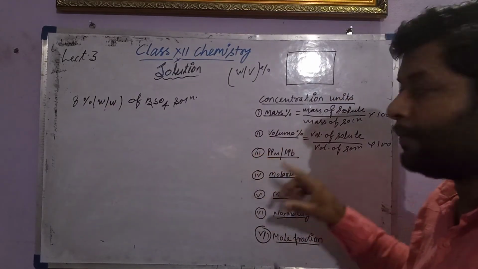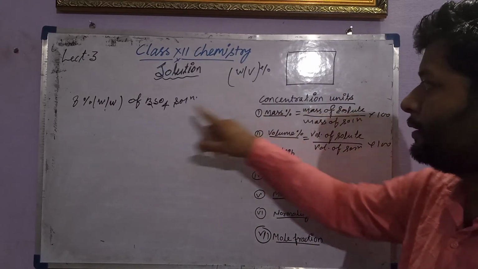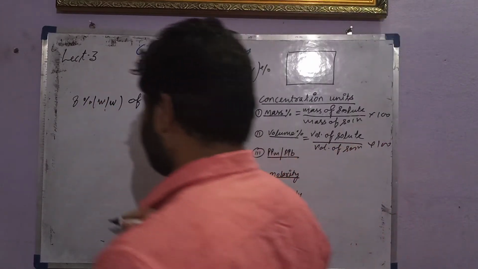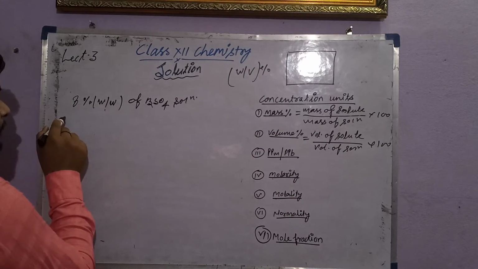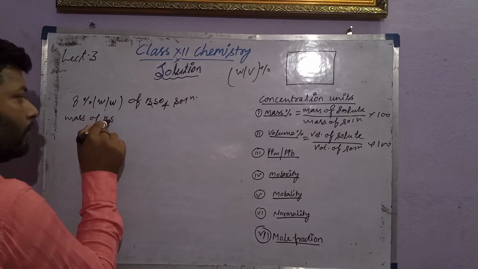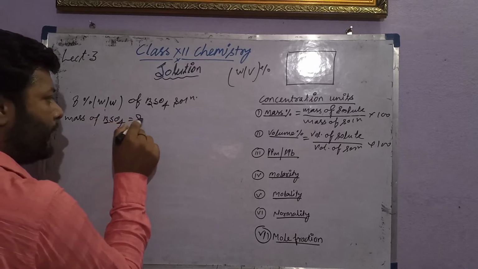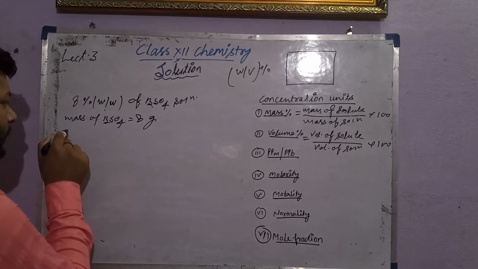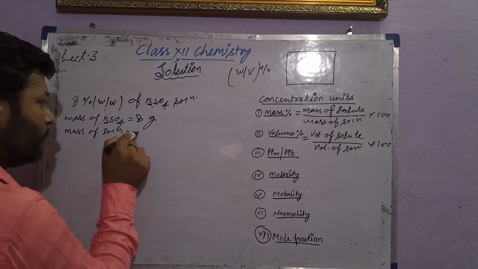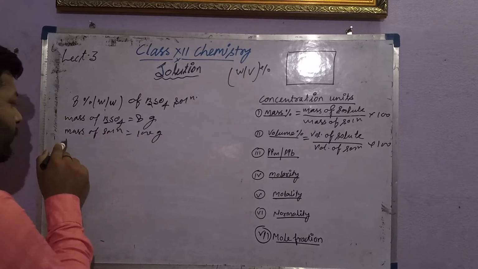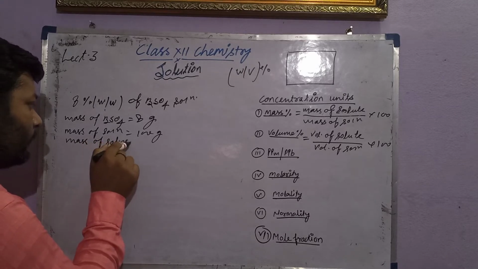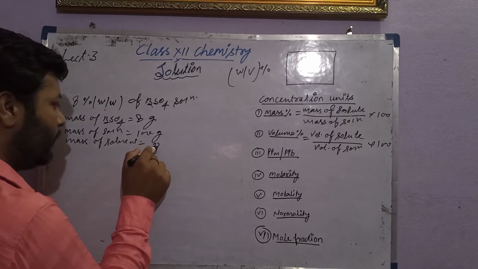W by W means mass by mass. So the mass of solute, that is sulfuric acid, is 8 gram. Mass of solution is 100 gram. Therefore, the mass of water, which is the solvent, must be 92 gram.